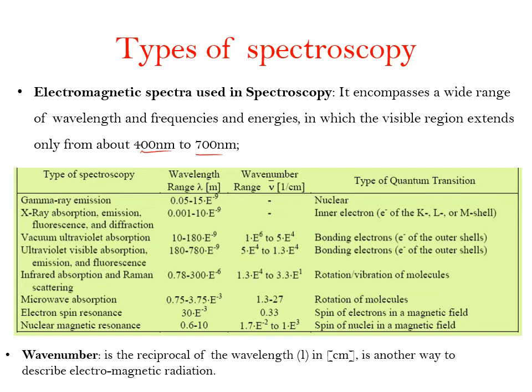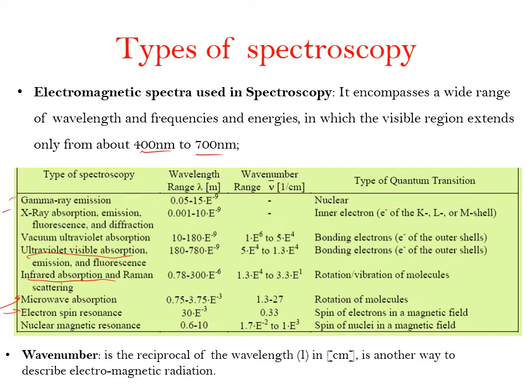Depending on the radiative energy involved in the interaction, we have different types of spectroscopic techniques. The known ones are the ultraviolet-visible absorption, the infrared, and Raman. We also have techniques outside the optical range, which are electron spin resonance, nuclear magnetic resonance or NMR, microwave, gamma, and X-ray.